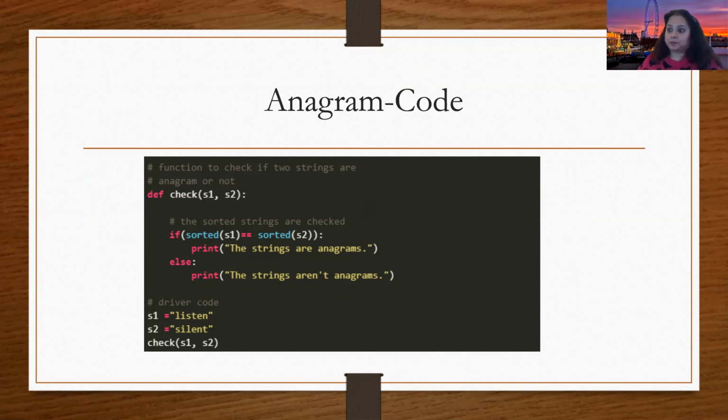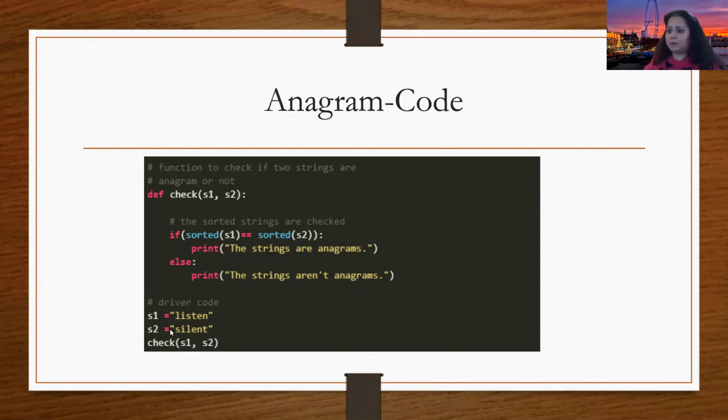We could sort both the strings. If on sorting both the strings we see that the characters are the same, then we print that they are anagrams. Otherwise, they aren't anagrams.